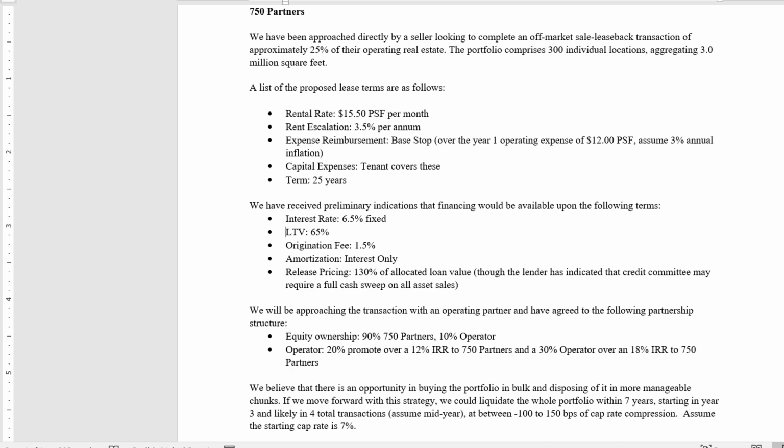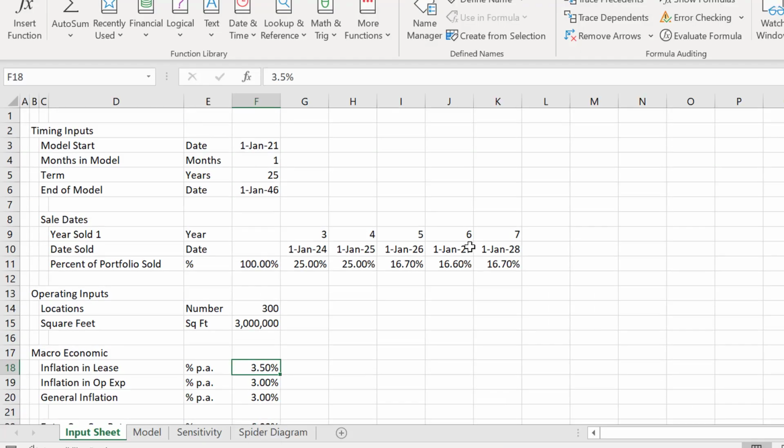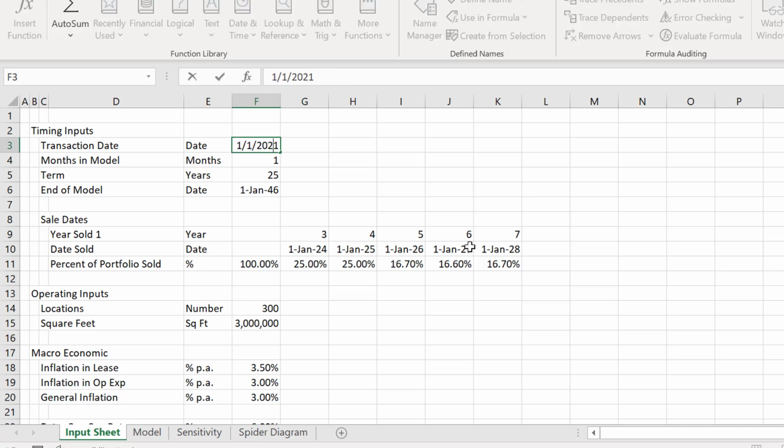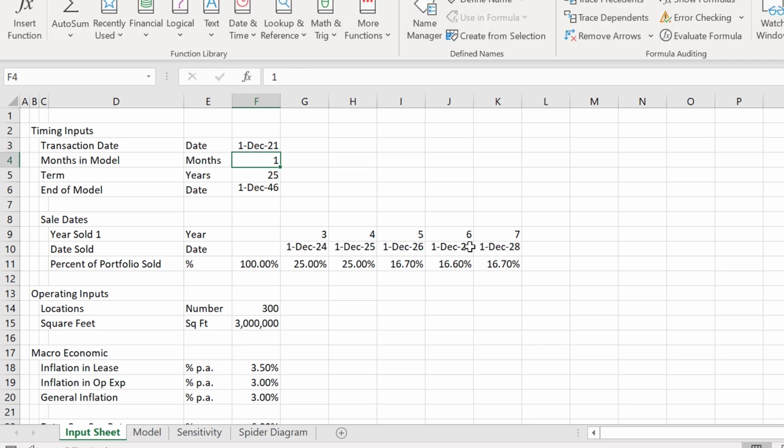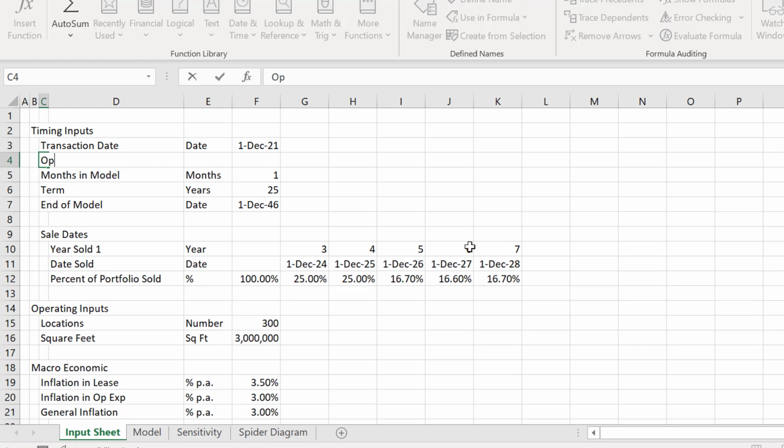And I think what we better do is put an extra month in our model. So I think we better have the transaction date. Let's have that one year earlier. So I've got an American computer, so that means I put it like this, I think, right? Okay. And then for these ones, we'll call it operation start.